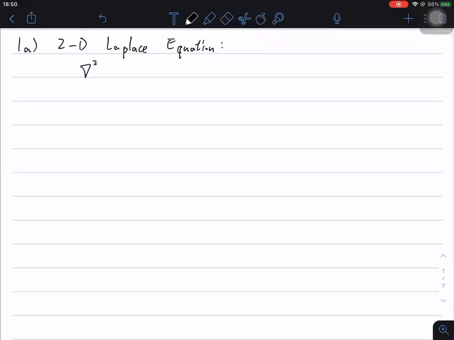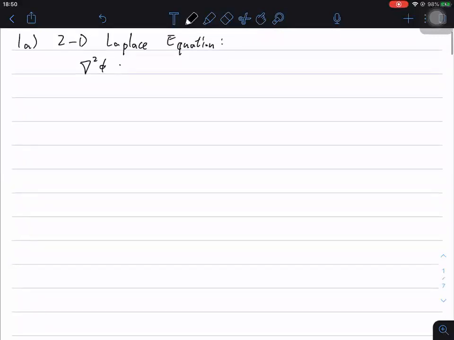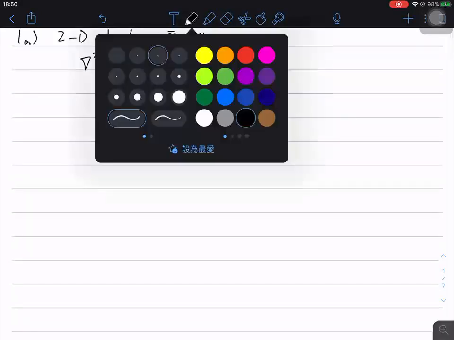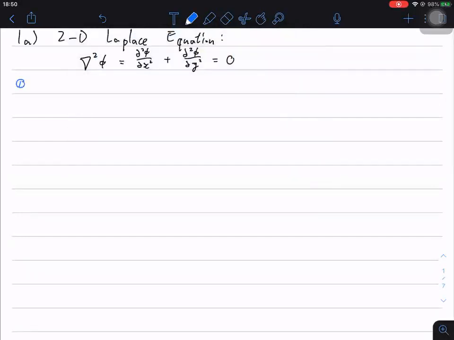We have the Laplacian of phi, which is the second partial derivative of phi with respect to x plus the second partial derivative with respect to y equals to 0. So first of all, separation of variable. I assume all of you should be familiar with separation of variable.